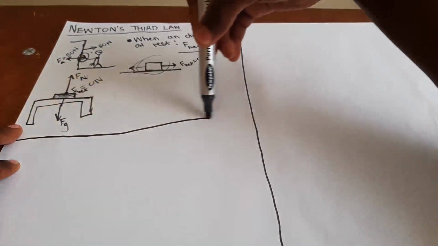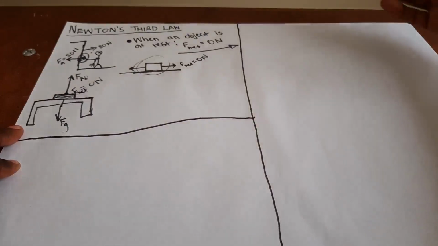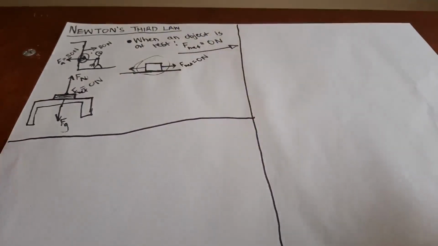But I'm going to show you how, using these two forces, the normal force and the gravitational force in particular, they come to 0 N. Let me show you now.